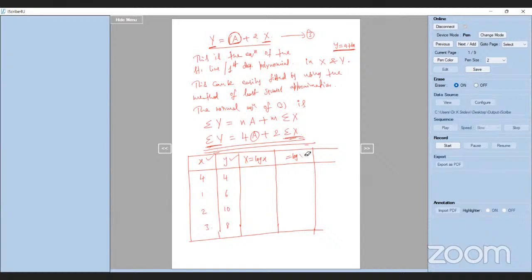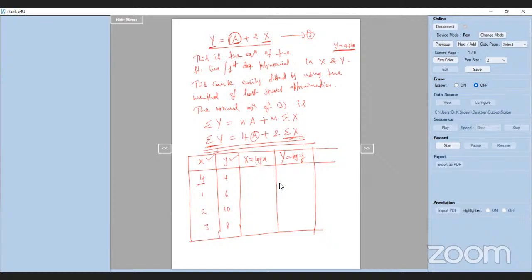Now use the calculator and find capital X equal to log small x.